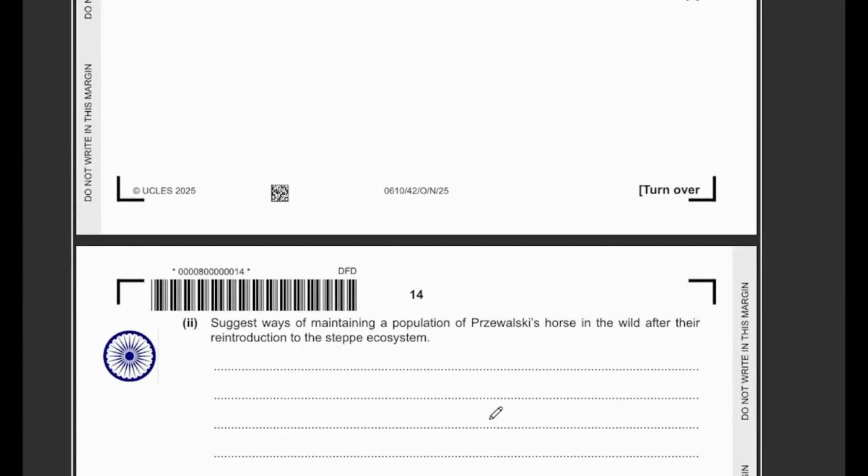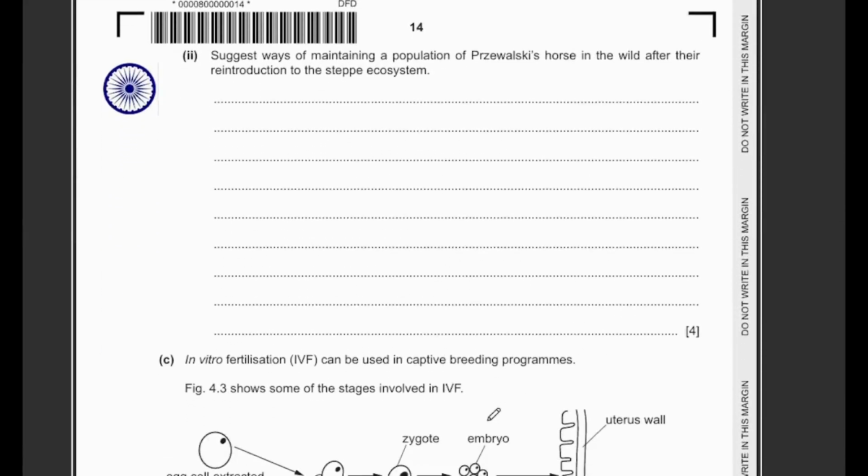Suggest ways of maintaining the population of these wild horses in the wild after they are reintroduced into the ecosystem. So how can we protect them, or how can we maintain their number? The first thing is protecting their wild habitat itself.